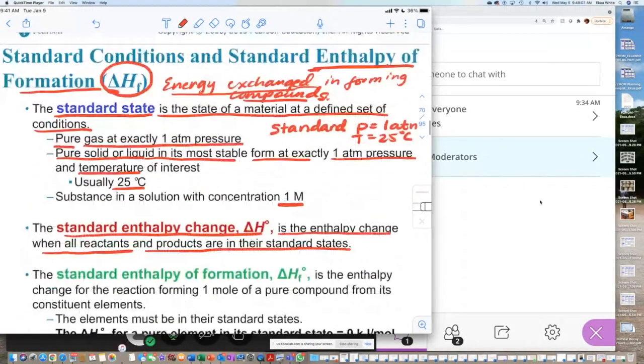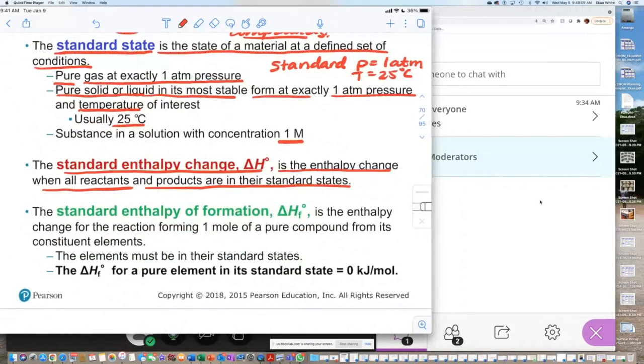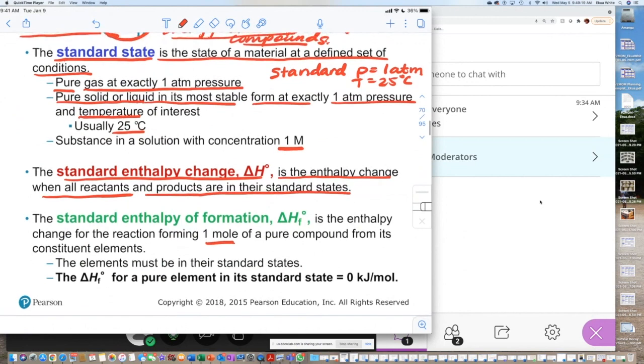So we're saying here that when we're trying to make 1 mole of a compound, a pure compound, we want to make sure we're using ingredients that are in their standard states because it helps for us to do this experiment in the standard state. That way, people trying to repeat our experiment to get the same number, they can follow suit and they can get the chemicals in the same state.